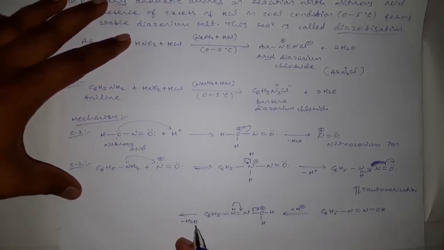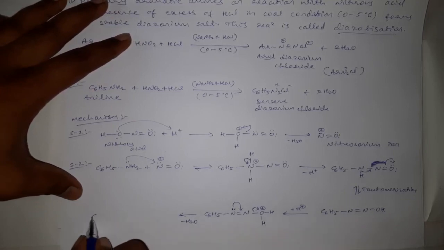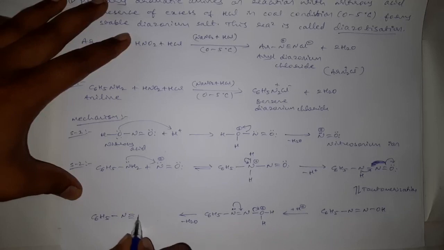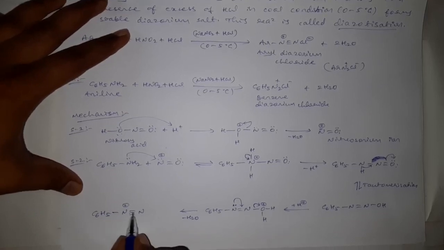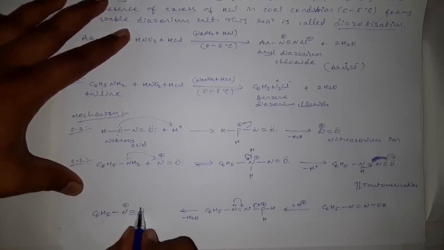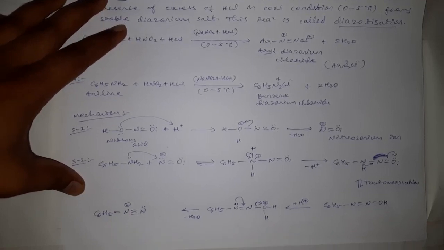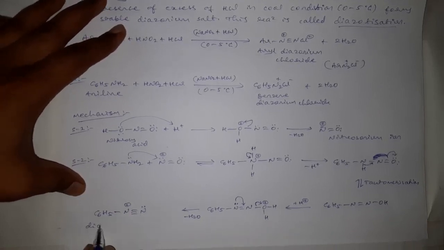Okay, and after the loss of water, here we will get C6H5, single bond N, triple bond N. This nitrogen being unstable because it is having four bonds, it gets positive charge, and it is having lone pair of electrons. This is called diazonium ion.